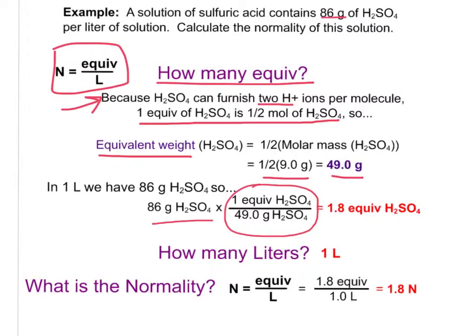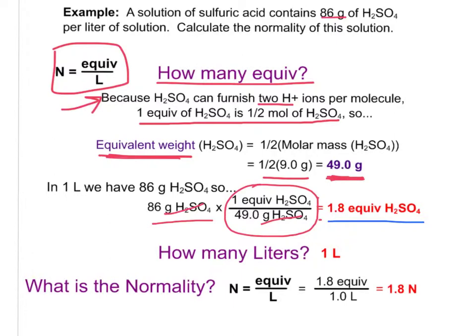That's our conversion factor. These are equal to each other, so that can be our conversion factor. We put the grams on the bottom so that the grams of sulfuric acid cancel out, and 86 times 1 ends up giving us 1.8 equivalents of sulfuric acid.